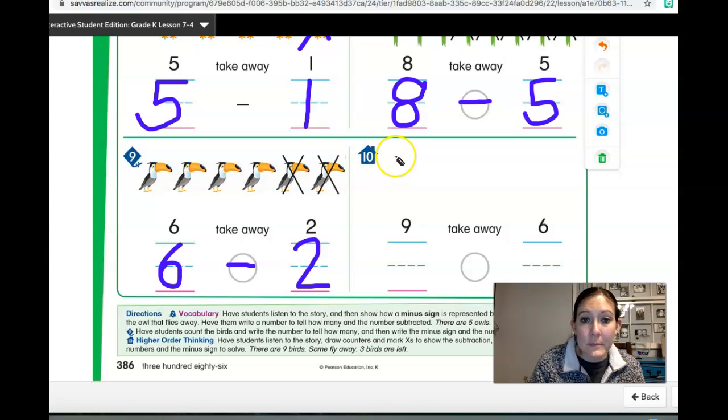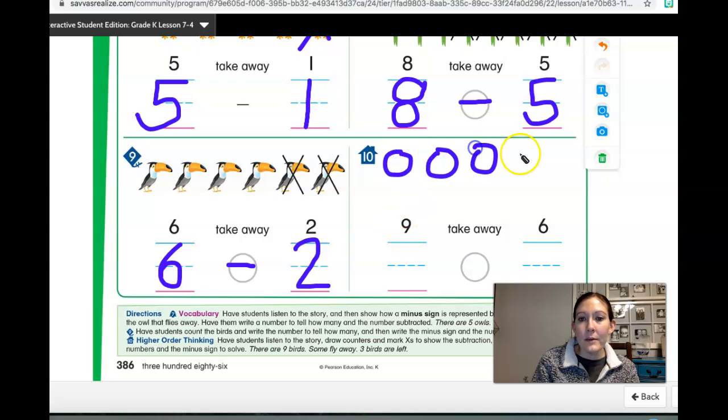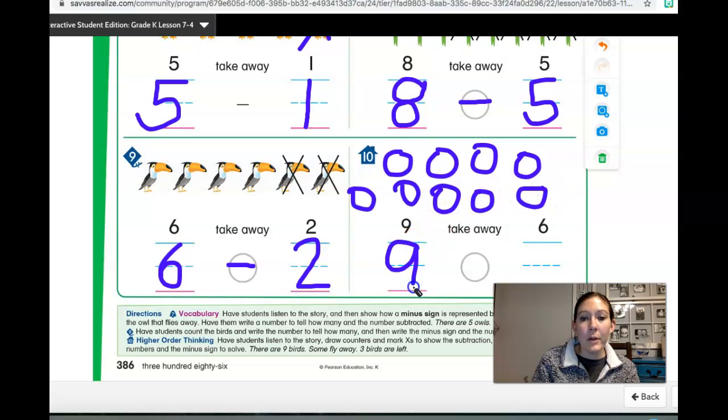That means we're going to have to draw some counters. How many counters do we draw to start? The whole amount, 9. 3, 4, 5, 6, 7, 8, 9. There are 9 birds. Minus, because this is a takeaway story.